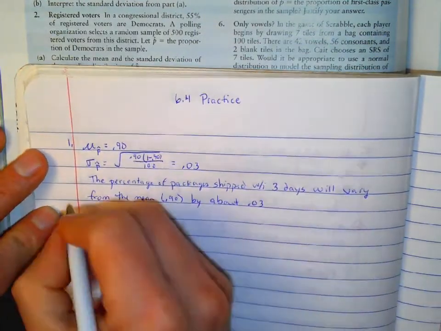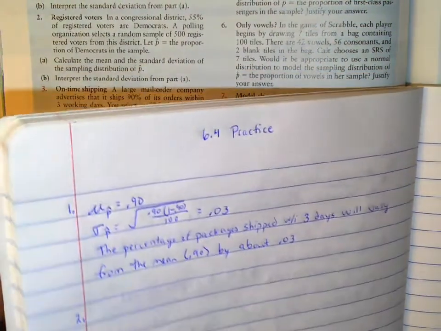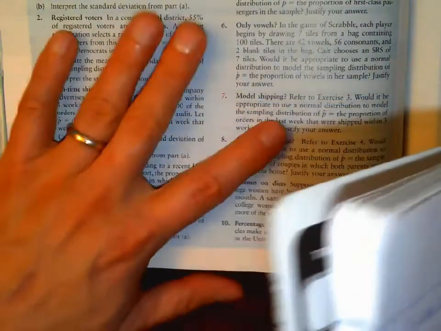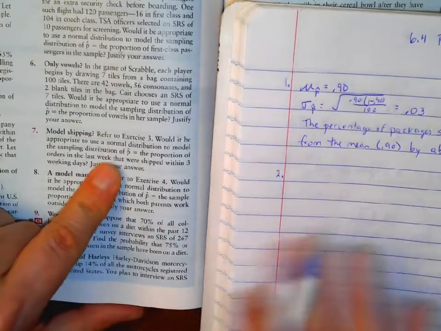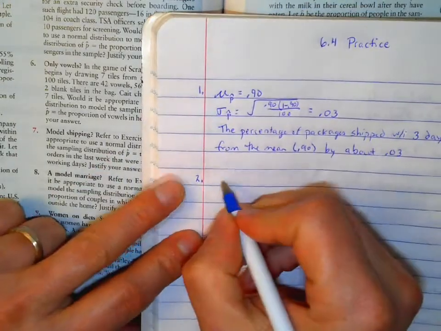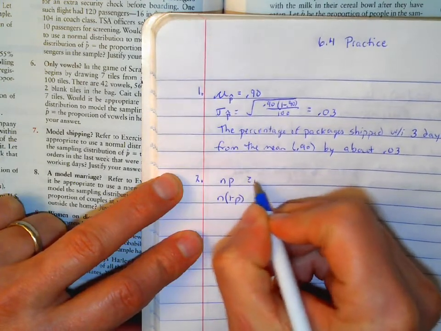Number 2 deals with that same thing. It says, would it be appropriate to use a normal distribution? So I know that n times p and n times 1 minus p have to be greater than or equal to 10.